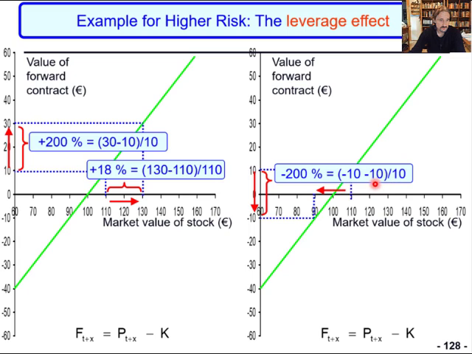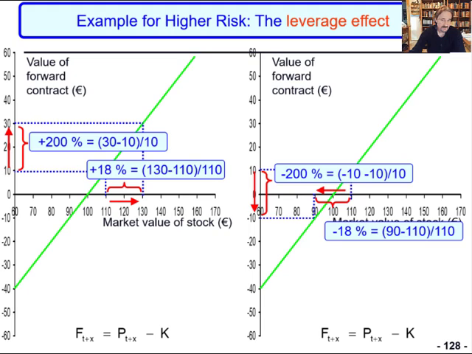The money we have used to buy the forward contract minus the value of the forward contract after the price of the underlying asset had fallen to 90 euro. If instead we would have bought the underlying asset at a market price of 110, the value of the return of this investment would be only minus 80 euro. The value of the underlying asset after the price had fallen minus the money we have invested in the underlying asset.